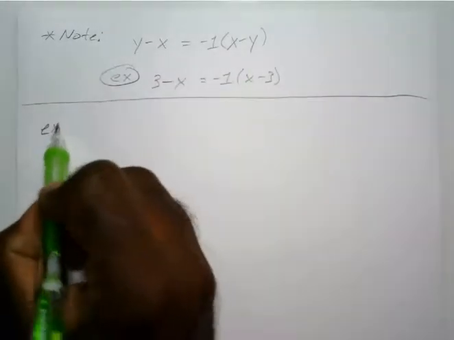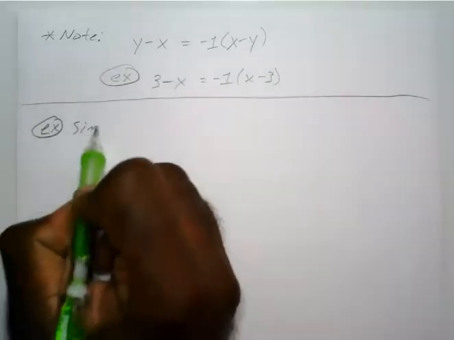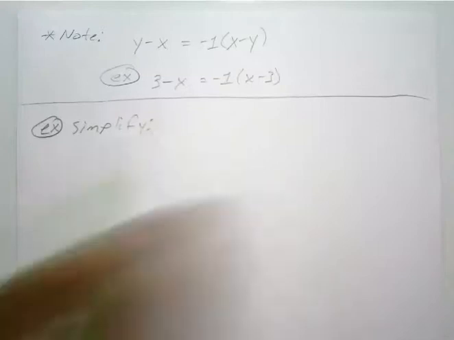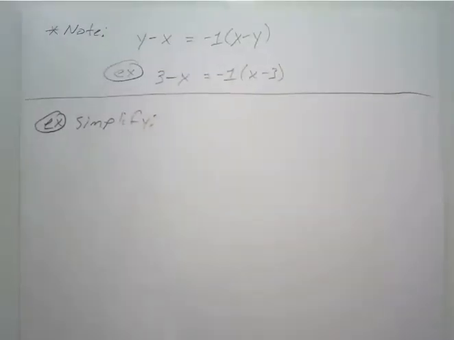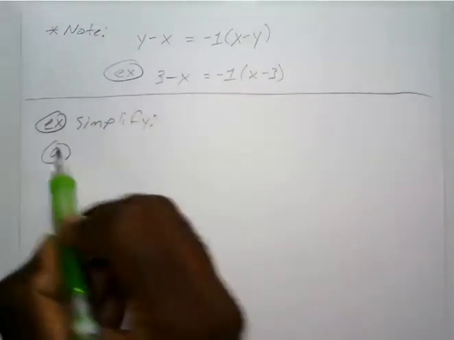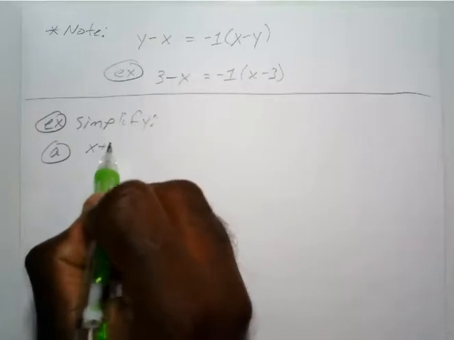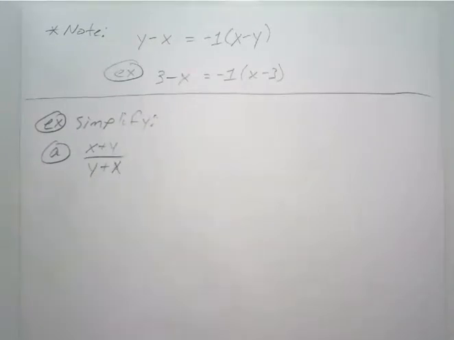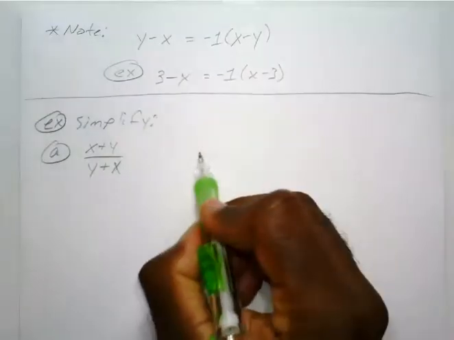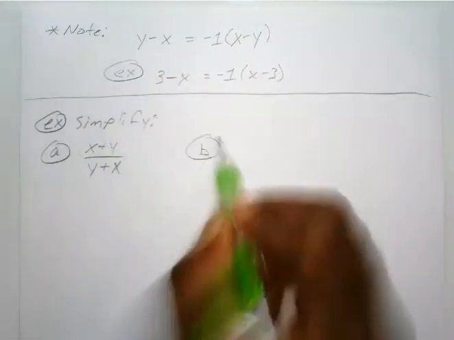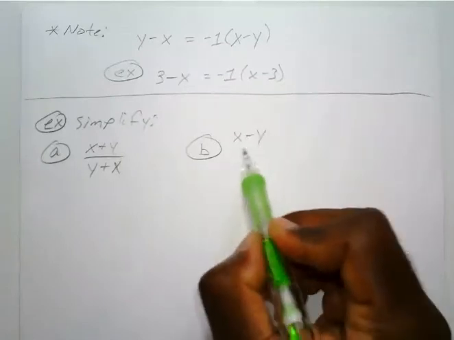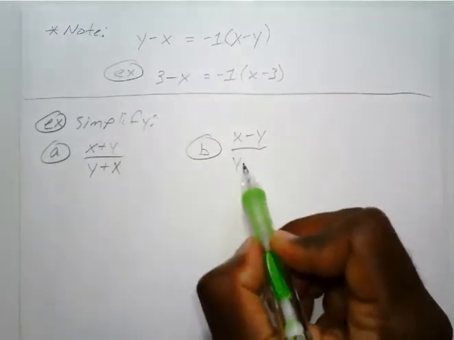Let's say, for example, we want to simplify. Say for problem A, we have (x plus y) over (y plus x). Say for problem B, you have (x minus y) over (y minus x).